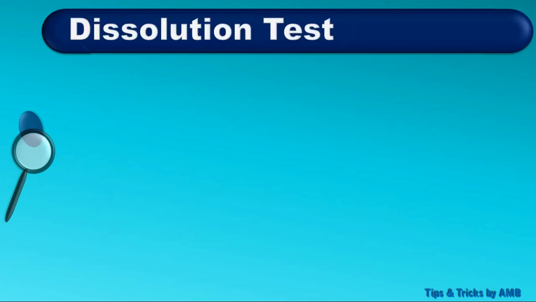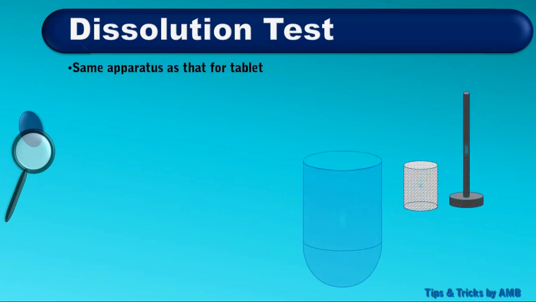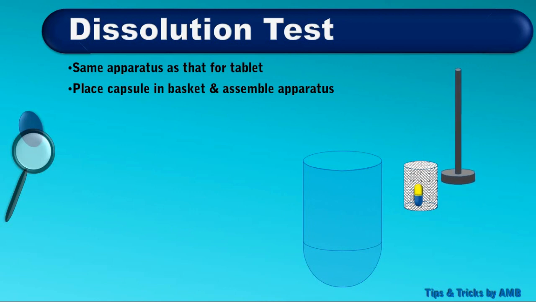Now we have to discuss the dissolution test. For the dissolution test of capsules, the same apparatus is also used which is used for the dissolution test of tablets. Place the specified number of capsules, as specified in the monograph, in a dry basket.